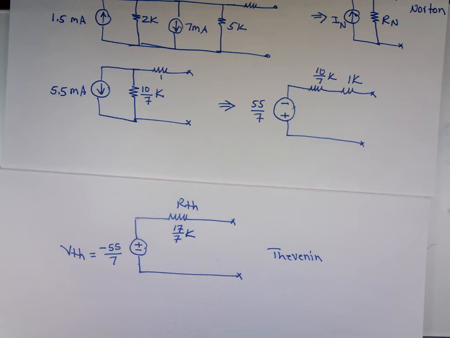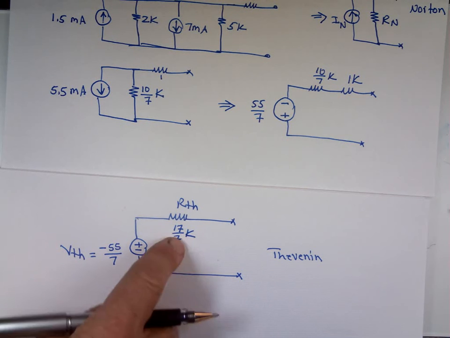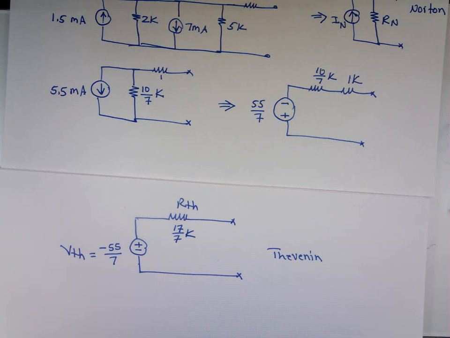It is negative 7.857. Do we have that answer? Yep. And the resistor, what's 17 divided by 7? 2.429, yep. 2.42857, yep, that's the value.